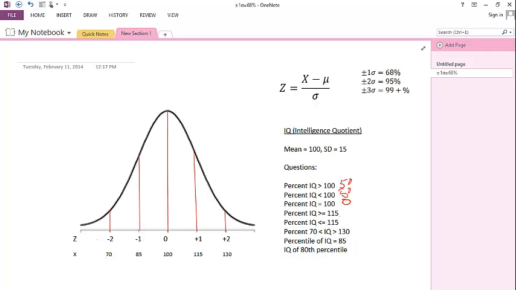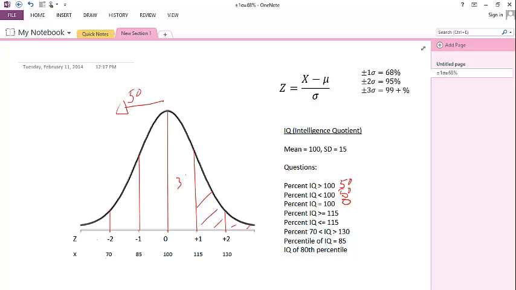So what's the percentage of the population that would have an IQ above 115? So what we're looking for is this area. And we have to go backwards a little bit. We know that it's 50% less than the mean.